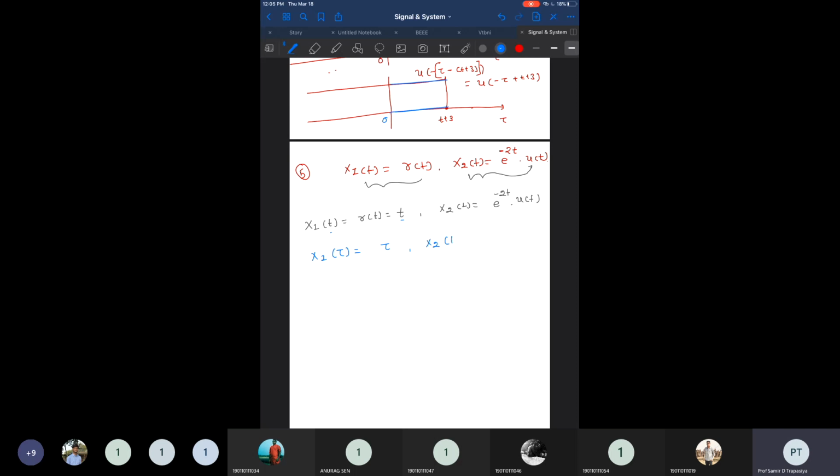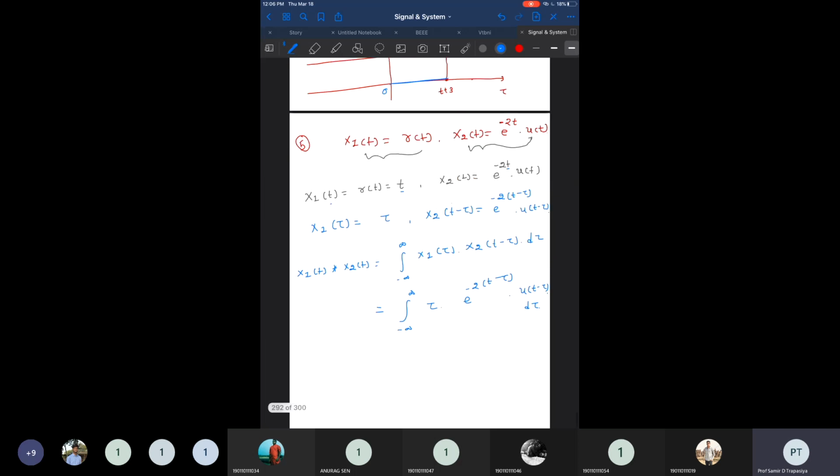And if we find x2 of t minus tau, every t is replaced with t minus tau, so e raised to minus 2 t minus tau into u of t minus tau. Now we are free to convolve x1 of t with x2 of t, and that is equivalent to the integration from minus infinity to infinity of x1 of tau into x2 of t minus tau, d tau. If I place x1 of tau as tau and x2 of t minus tau as e raised to minus 2 t minus tau into u of t minus tau, then d tau.